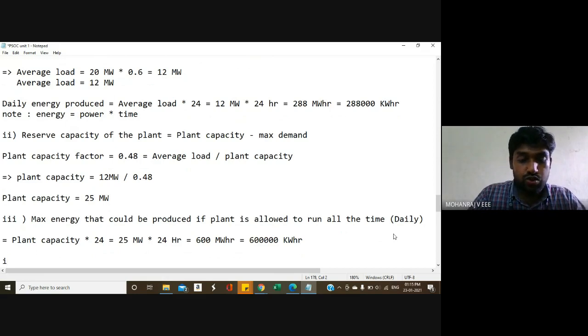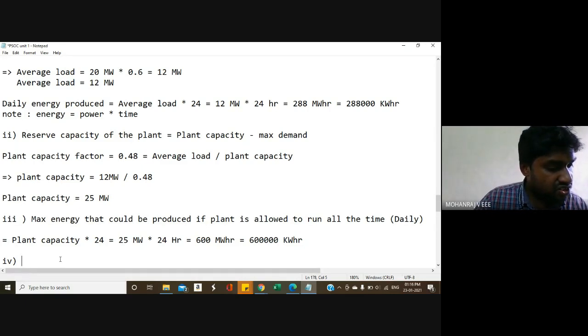Then the last unknown. What is our last unknown? They are asking us to find the maximum energy that could be produced in the plant when running fully loaded.